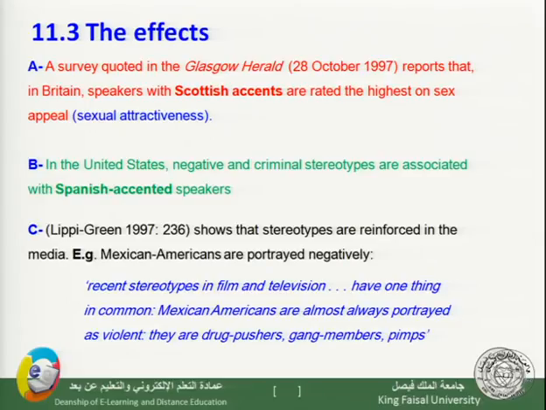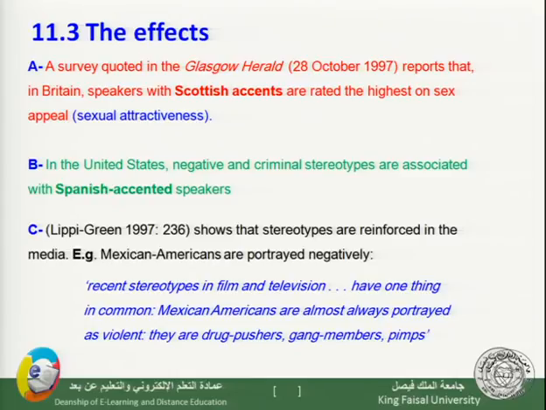It is emphasized. It is being focused on or concentrated on. Example: Mexican Americans are always portrayed negatively. In the media, people who have Mexican American origin are usually reported or represented negatively.